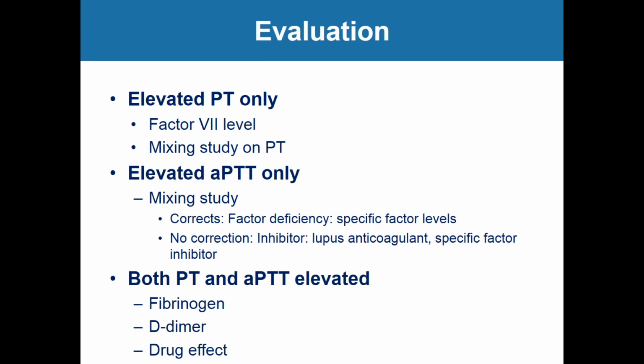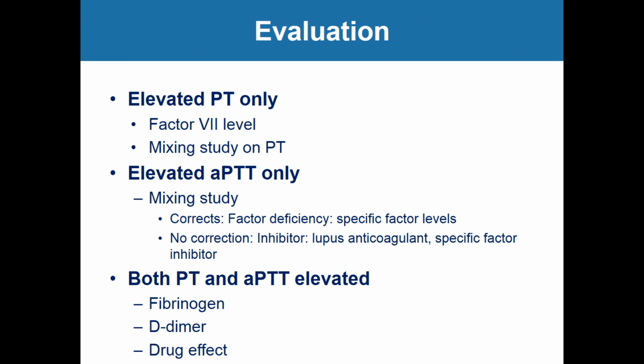So in order to evaluate these abnormal coagulation tests for an elevated PT, a specific factor VII activity level can be sent, and a mixing study can be performed on the PT if the factor VII level is normal. If a patient has an elevated PTT only, the first step would be to do a mixing study, where you take patient plasma and mix it with normal control plasma in a 50-50 or 1-to-1 ratio.